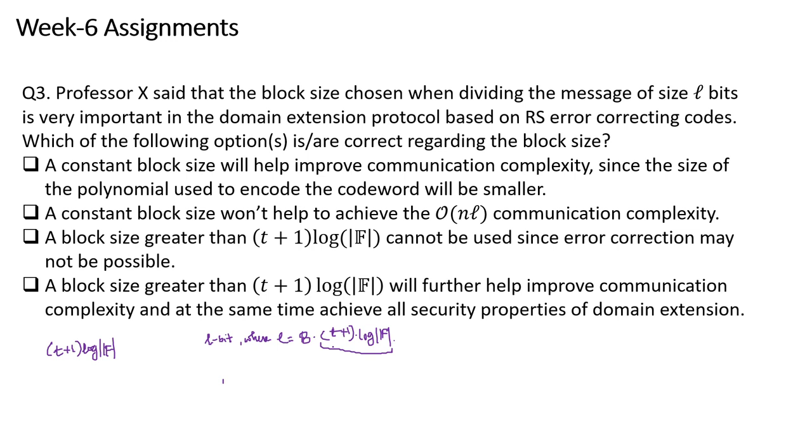But if we don't want to do that, we want to go with a fixed block size, then actually it will not help us gain the order of NL communication complexity. It will not even make the protocol run correctly.